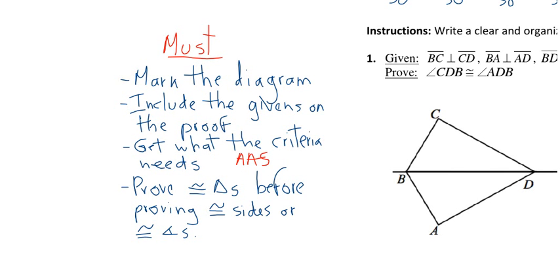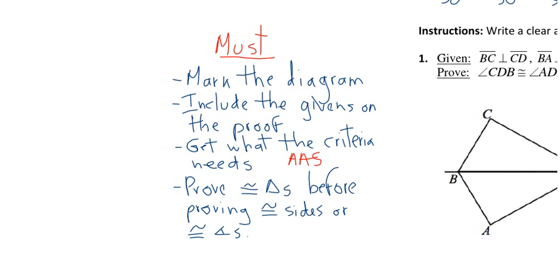No. And in order to make sure that I have the things that the criteria needs, I usually go writing an S or an A next to a pair of angles that I have congruent or next to the pair of congruent sides that I have.